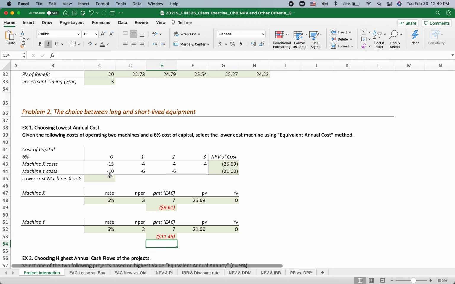So we realize that for machine Y, the cost spent is $11.45 every year. Okay, so we need to consider it like this.